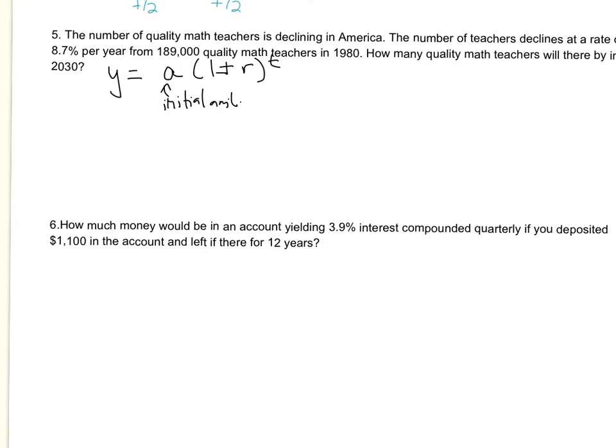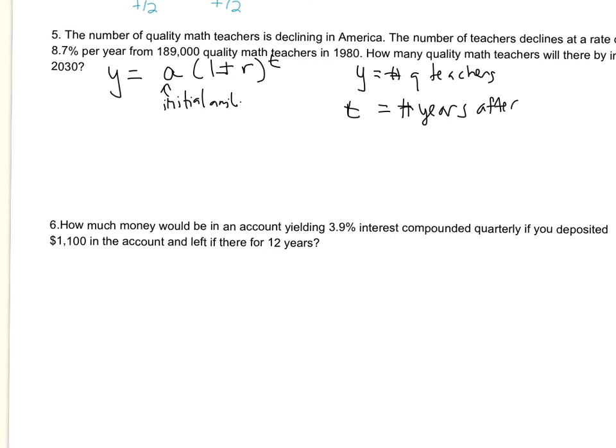So in our problem, the number of quality math teachers is what we're trying to figure out. So I'm going to make y the number of quality teachers, and I'm going to make t the number of years since 1980.